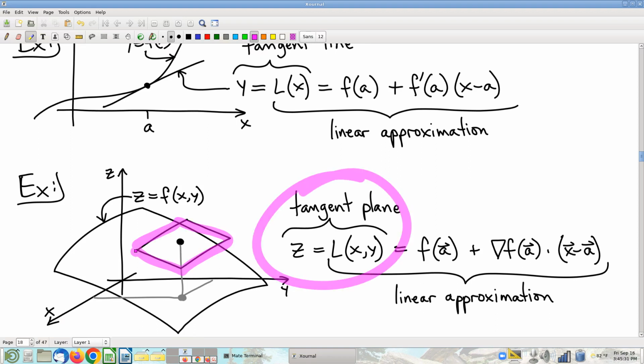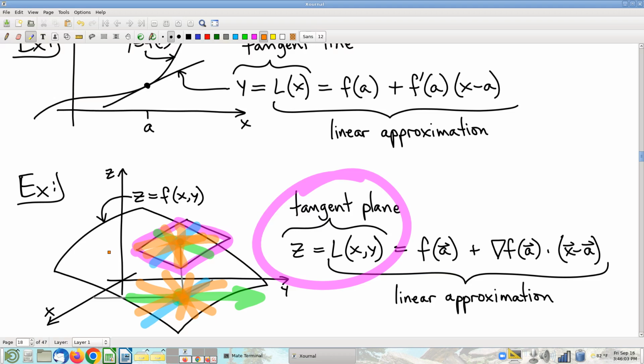But to say it your way, yeah, at this point, look first in that direction, see what the tangent line looks like, that gives you this, and then look maybe in this direction, and see what the tangent line looks like there, and then you could keep doing that for all different directions. That would give you a bunch of lines. All of those tangent lines together would make the tangent plane. That's true.